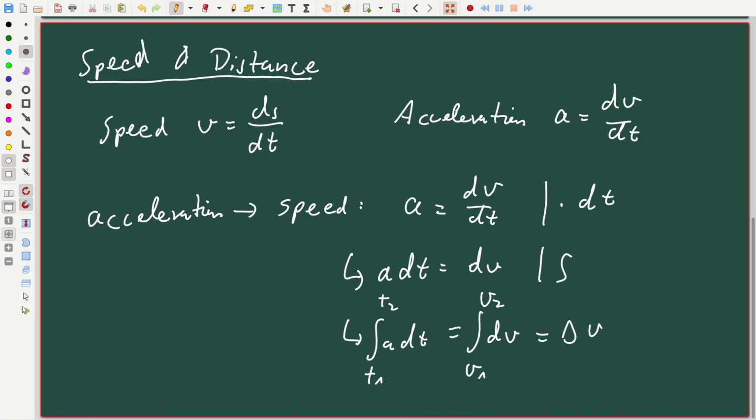What we can learn from this is that any change of speed, delta v, is given as the integral from t1 to t2 over a dt, and that the distance, delta s, can be calculated as the integral from t1 to t2 over v dt.